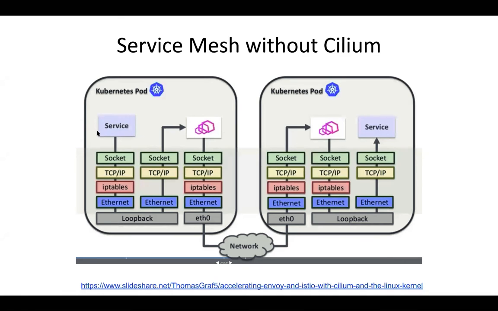So if the call is leaving the container, it has to go through the whole TCP/IP stack to hit the loopback interface, and then through the whole TCP/IP stack again to hit the sidecar container, and then through the TCP/IP stack again to go outside. So yeah, that's the normal situation.